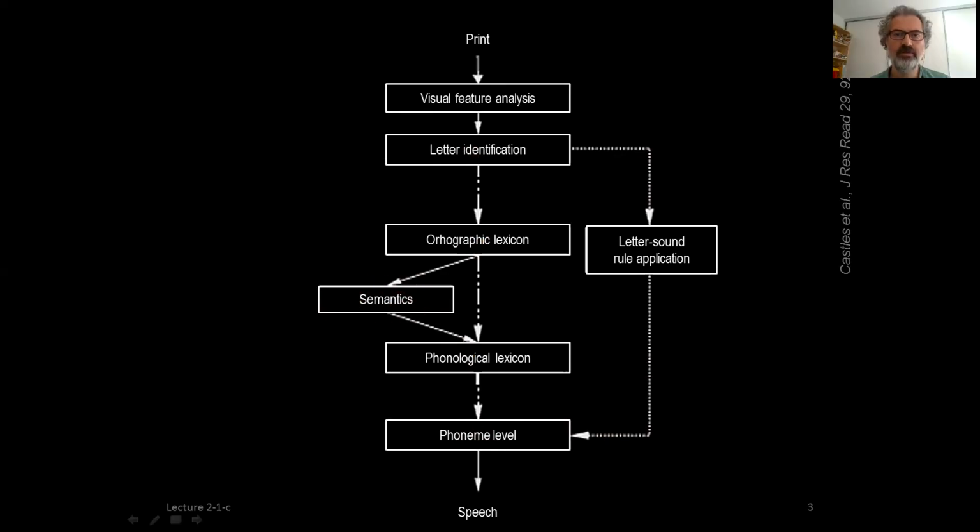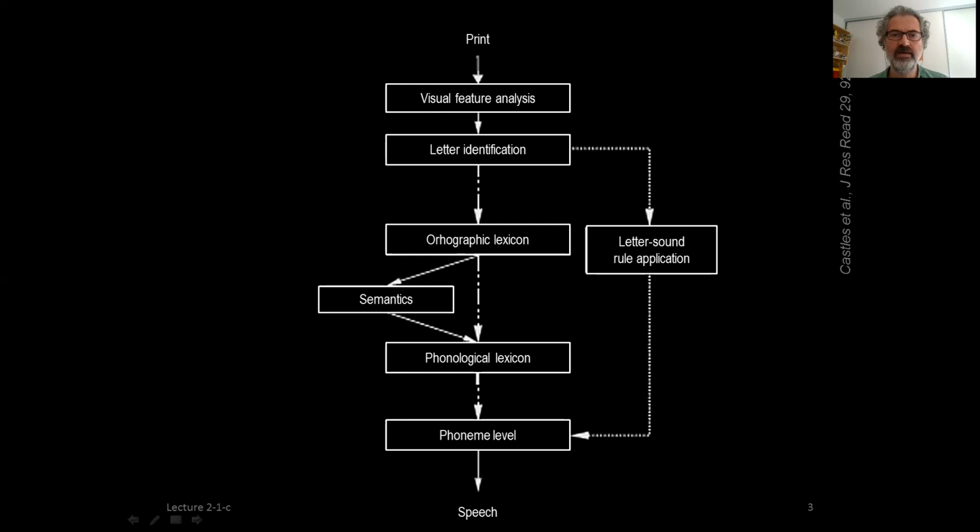One of the most important features of the dual route cascaded model is that it can very easily account for discrepancies in performance between pseudo words and irregular words. The distinction between regular and irregular words is very important in English because there are so many irregular words that aren't pronounced the way they're spelled. This means you cannot really predict how they're pronounced by looking at them and using the usual graphophonemic conversions.